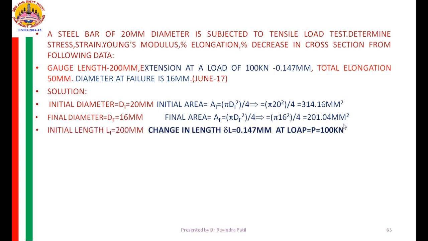Now the initial length he has given as 200 mm. Change in length he has given as 0.147 mm at a load of 100 kilonewton. Therefore, final length is equal to initial length plus total elongation. Initial length is 200 mm plus total elongation is 50 mm.